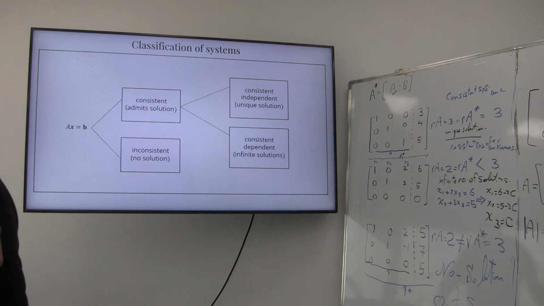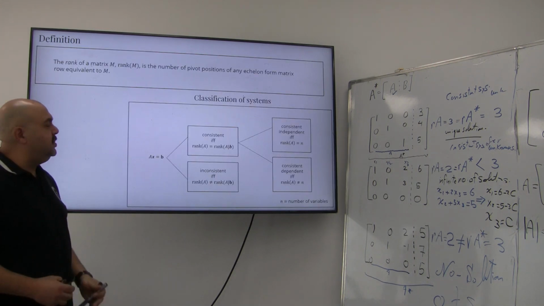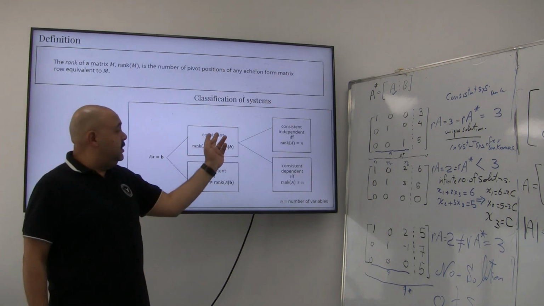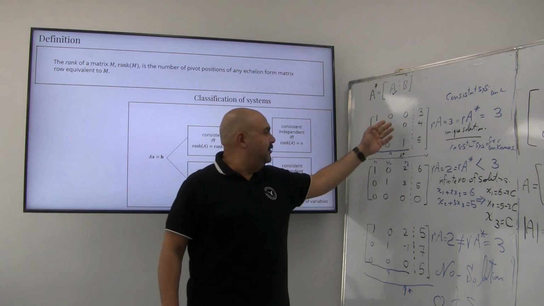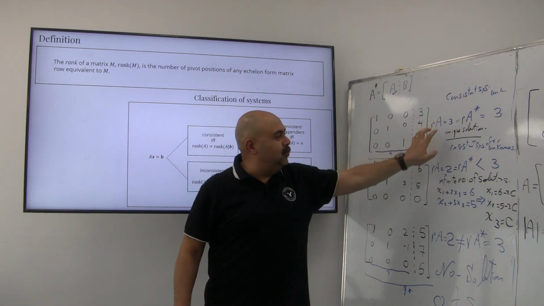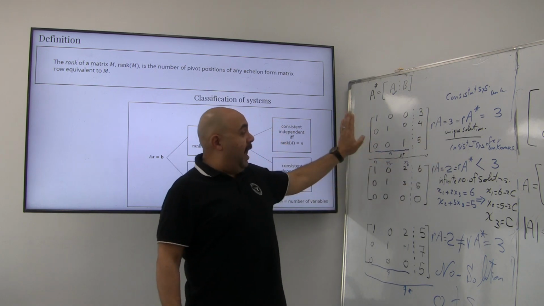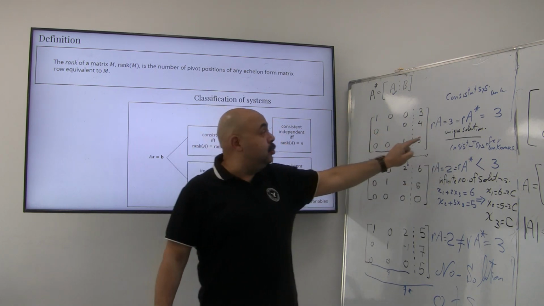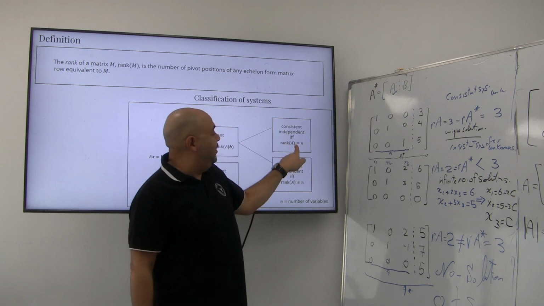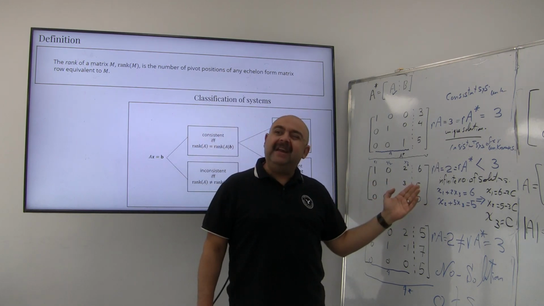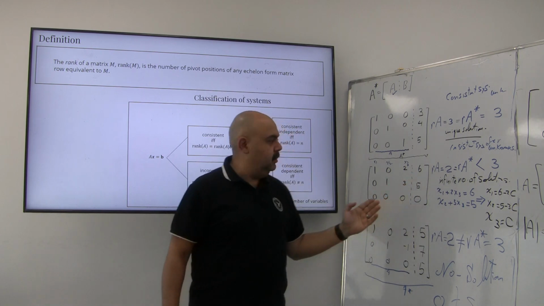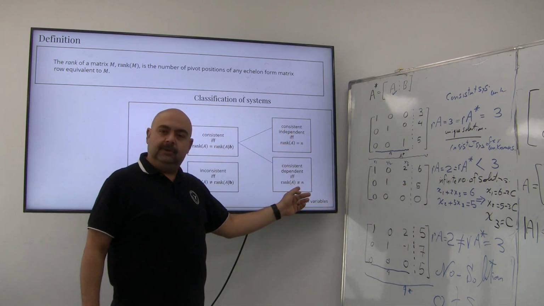Okay. Next slide. For the consistent system, the ranks are equal. Exactly right. For both of them, the ranks were equal. But to have a unique solution, the rank should equal the number of unknowns, rank equal to n. But for the second system, the rank is less than n, the rank is not equal to n.